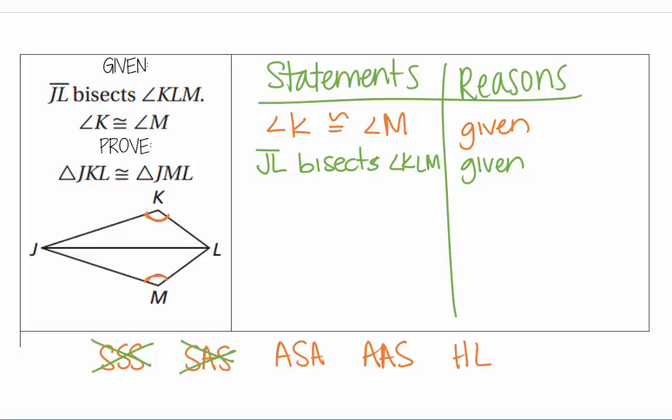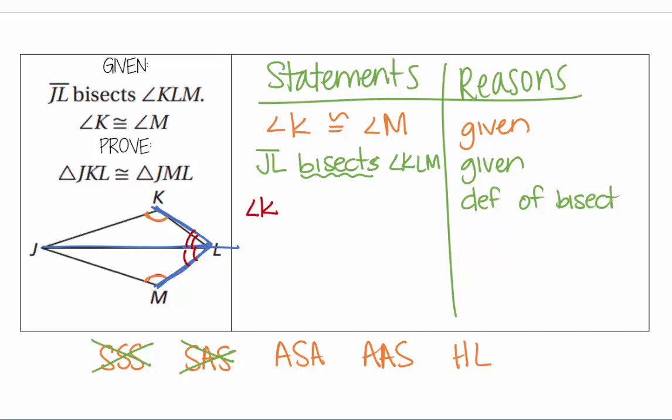And this buzzword right here, bisects, means that I need to know something else. So definition of bisect, it's going to tell me something. So let's come over here and look what it does tell me. JL, so this line right here, cuts KLM, this angle right here, into 2 equal pieces. So because this slices this, I know that this guy here and this guy here have to be the same size by the definition of bisect.